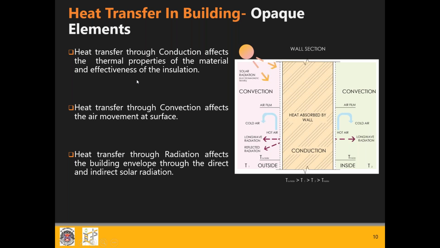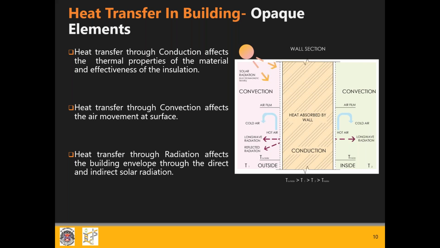So here, as you can see, the heat transfer in the building through the opaque elements, that is your opaque walls and your roof. A majority of the solar radiation that is falling on the wall is absorbed by the wall.